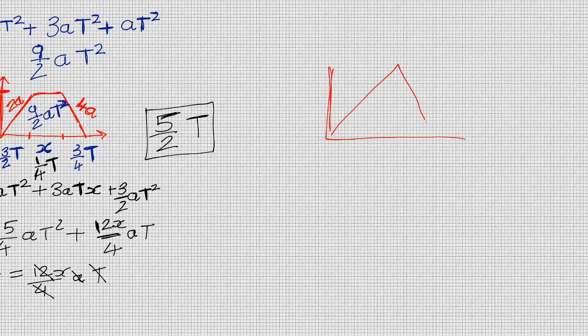So up, down, 2a, 4a, so we know that the total is 9 over 2 a t squared, and these are in the ratio of 2 to 1, so we'll call that 2t and t.